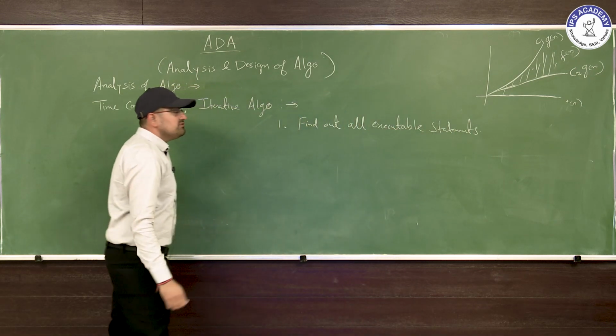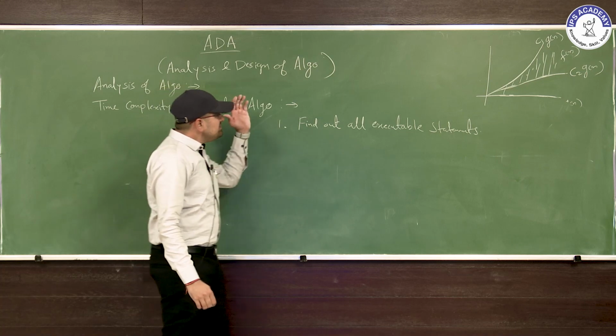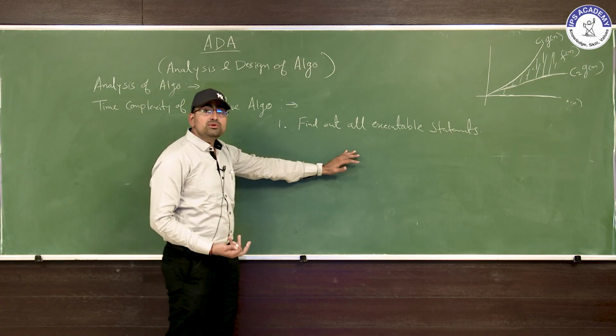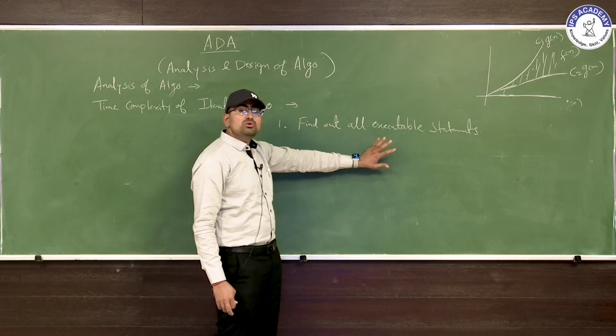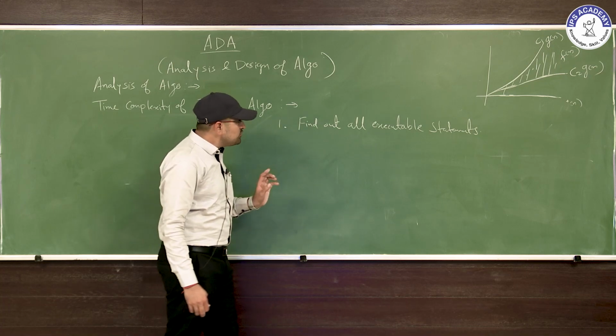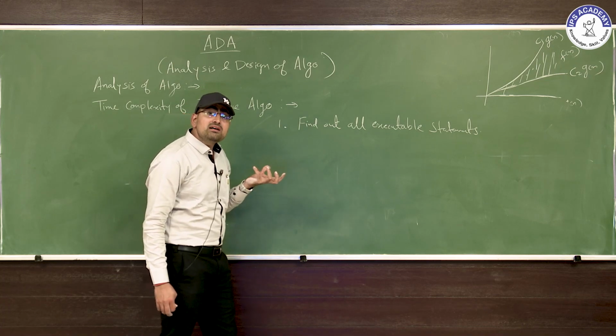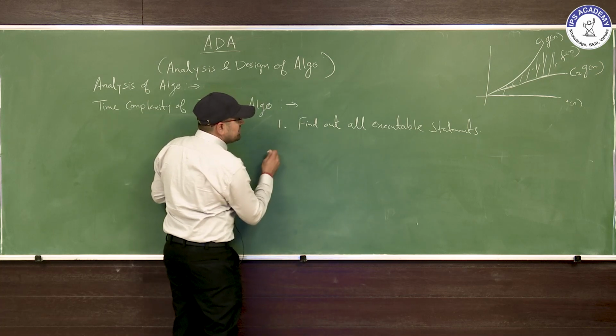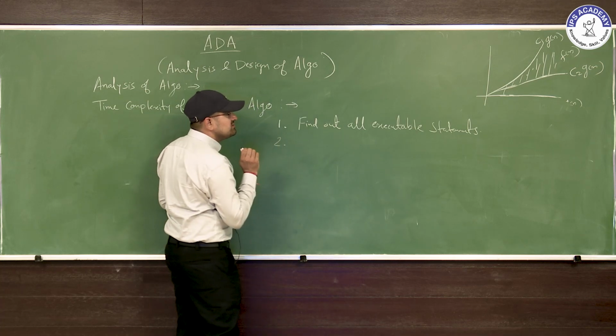There may be statements like the comment section which are not being executed. We don't count those because they don't affect the complexity of the algorithm. So first step is find out the executable statements.